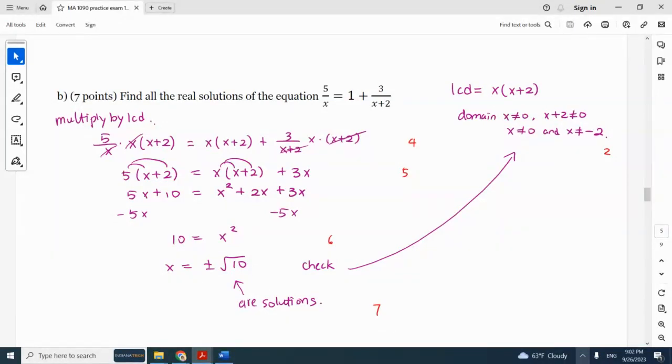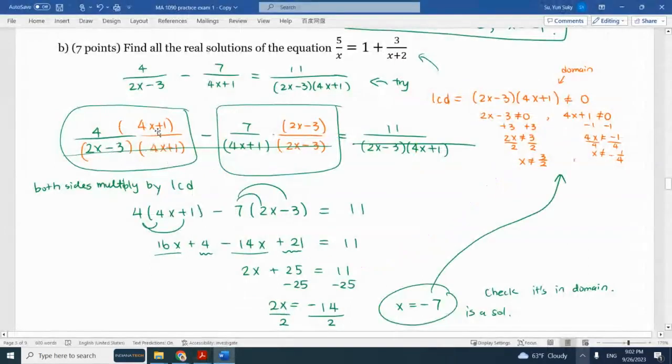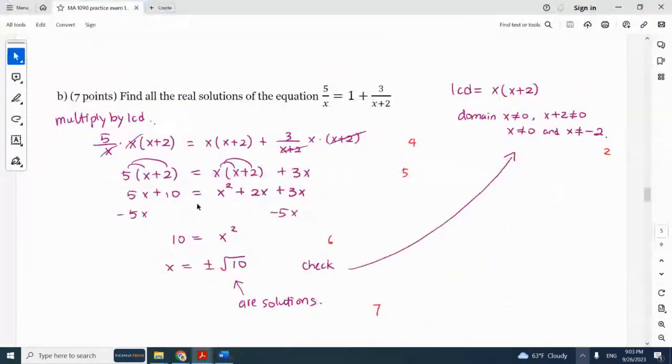So x is not equal to 0 and x is not equal to minus 2. I did it differently: I multiplied by the LCD right away to get rid of the denominators. You can do it this way, or you can multiply by the appropriate factors to get the least common denominator first, then multiply it on both sides. It will be the same answer.